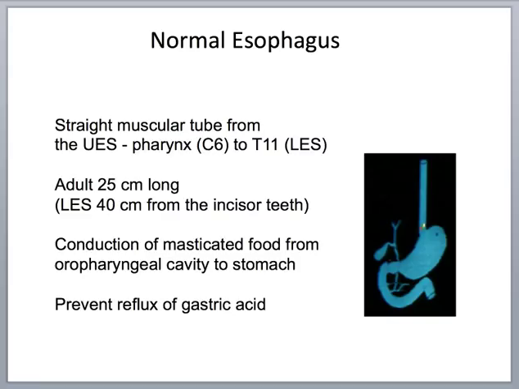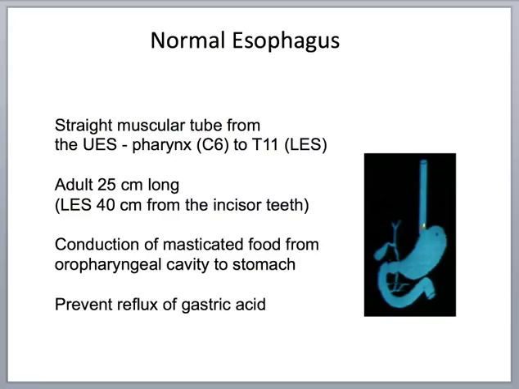The esophagus functions as just a conduction tube of food that's been masticated or chewed up and initially broken down with saliva and enzymes found in saliva to the stomach. So it's basically a passageway.